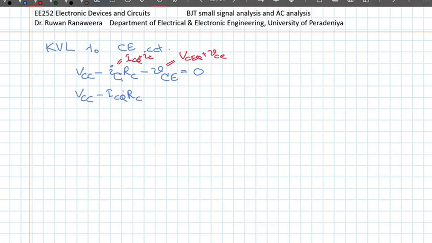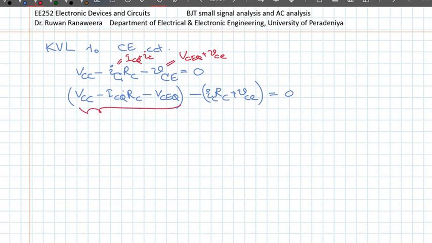If I separate those out, the DC part, VCC minus ICQ RC minus VCEQ, is equal to 0 from equation number 2.